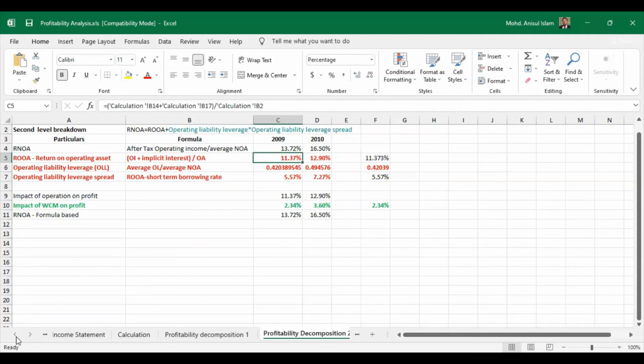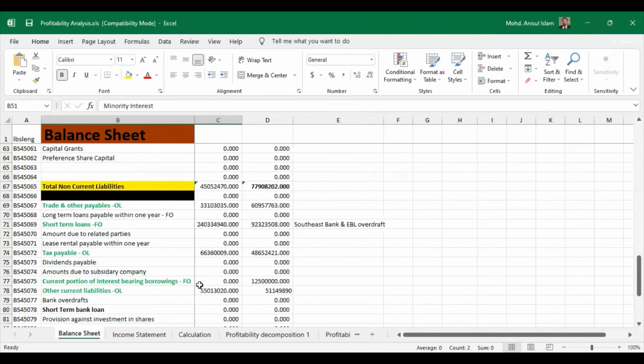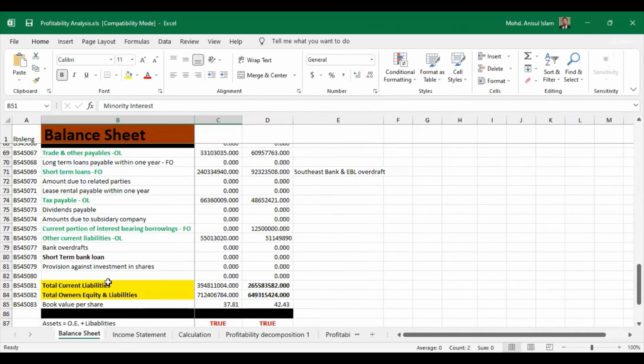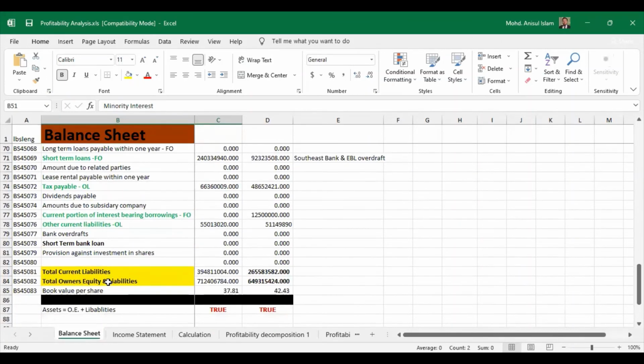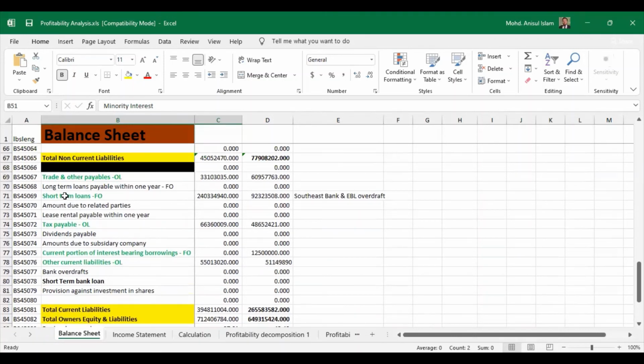What kind of operating liabilities can have explicit interest cost? Let me take you to the balance sheet. Say, for example, in the part of the current liabilities, there's a short-term loan.